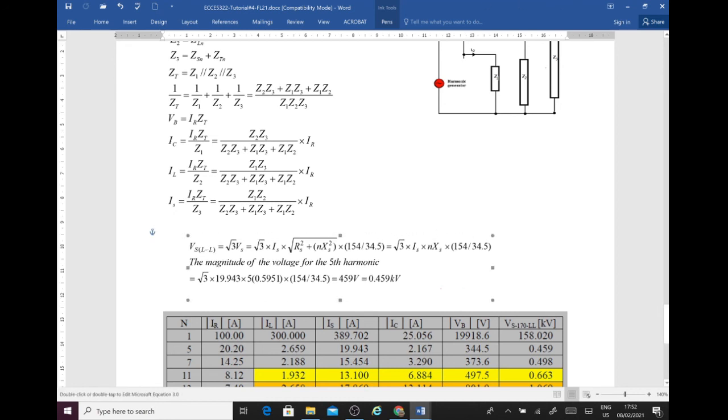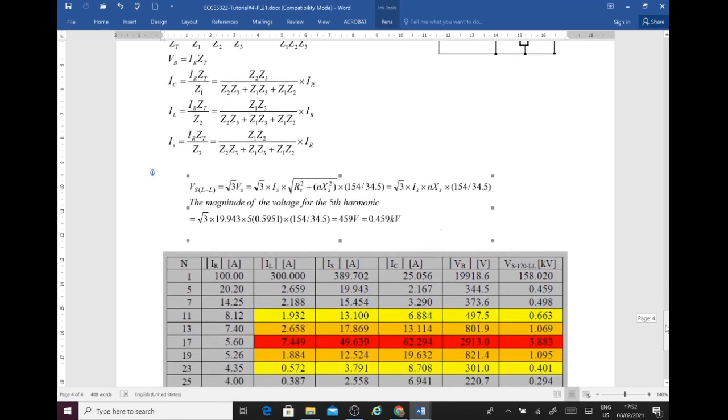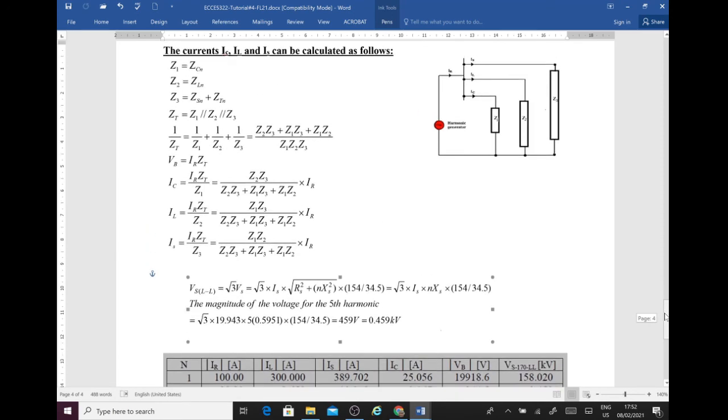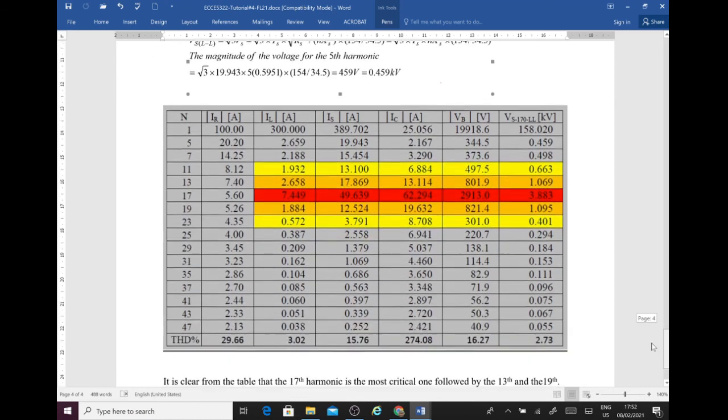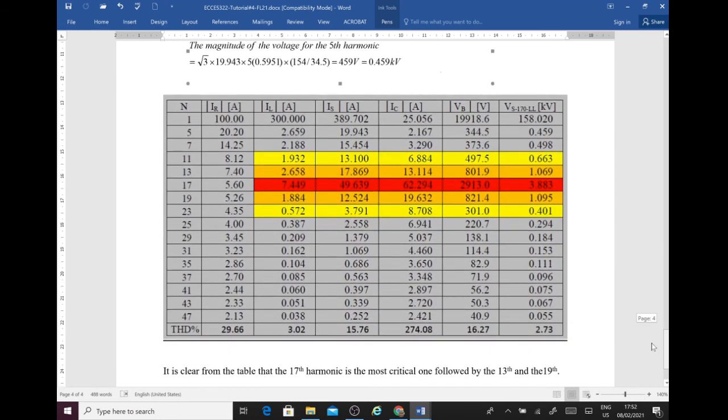Then we repeat the process with the other harmonics. This is only for the fifth harmonic, but we need to do it for the 7th up to the 47th harmonic.